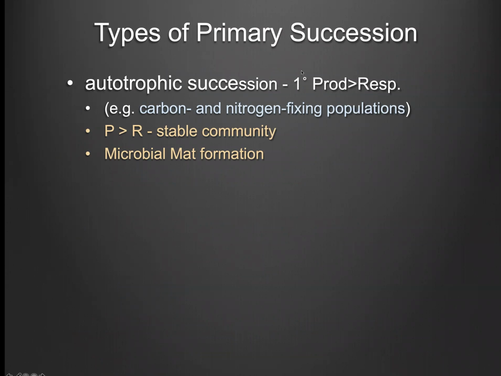This is a picture of one of my former field sites. This is an intertidal biofilm, covered in these black, almost sticky mats that cover the surface of the sand in this bay. It would normally be just bare sand, but these primary autotrophic organisms come in and colonize this entire area.